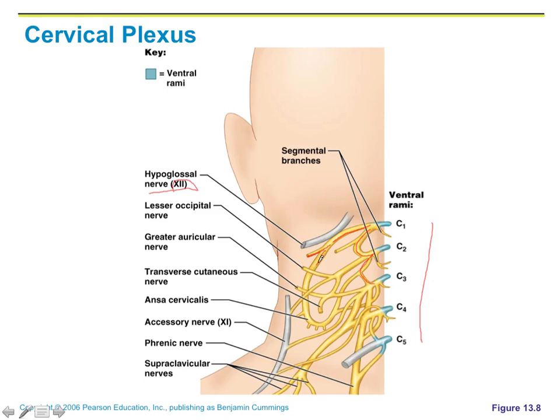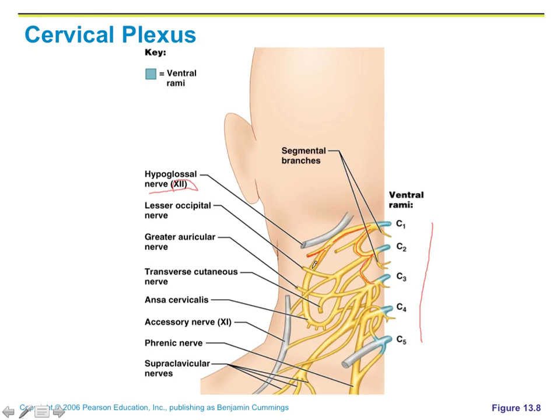These two branches are called the geniohyoid nerve and thyrohyoid nerve.